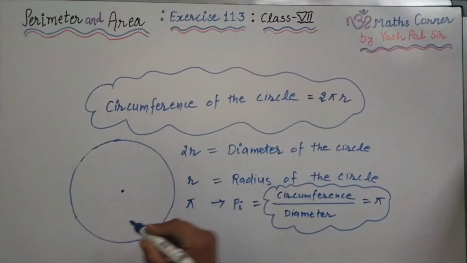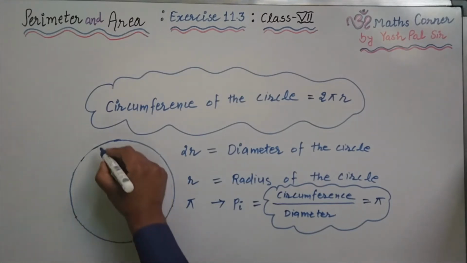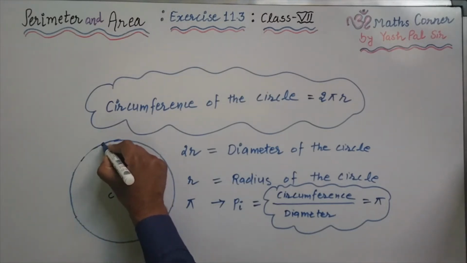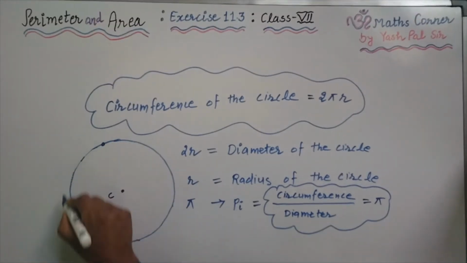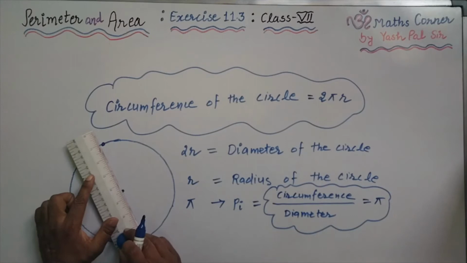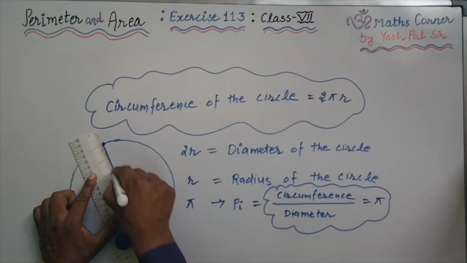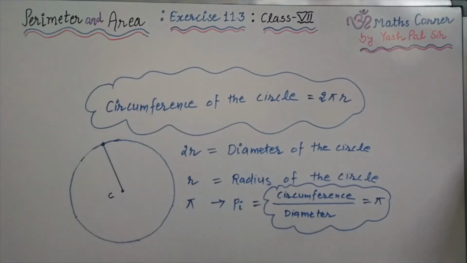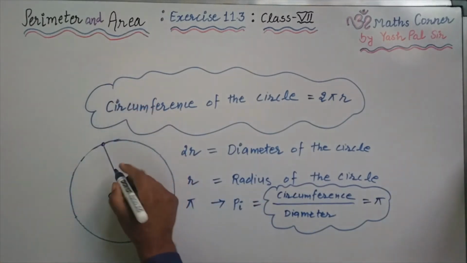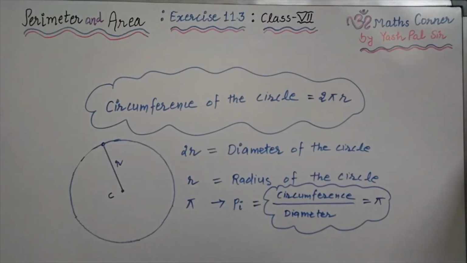What is 2r? This is the center of the circle. Any point on the circumference of the circle, on the boundary of the circle, we take this point and we join these 2 points, center of the circle and any point on the circle. This distance is called r.